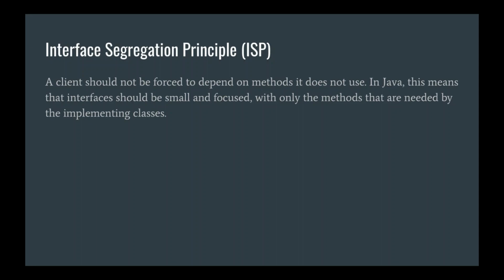That's what it means. Essentially, we want our interfaces to be small and focused as to what they deliver. That also speaks to single responsibility, with only the methods that are needed by the implementing classes, and that's the simple of it.